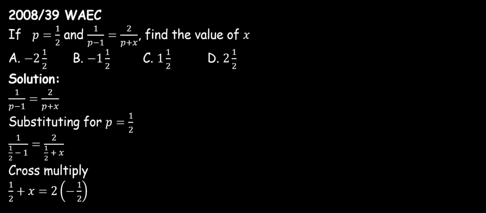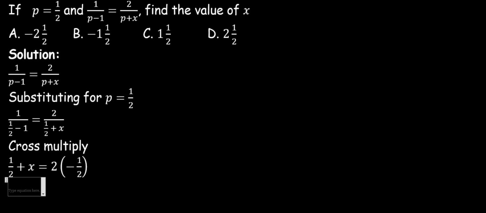How did we have this result? On the left hand side, 1 divided by (half - 1) will give you minus half at the denominator there. So hence we have our multiplication 2 times minus half on the right hand side. As for the left hand side, 1 is already at the denominator, so we just multiplied what we have at the denominator in the right hand side.